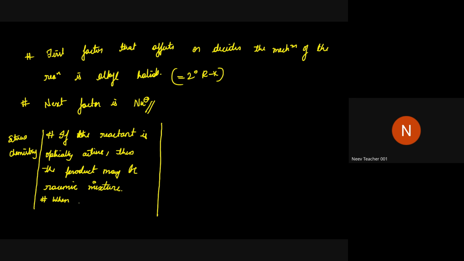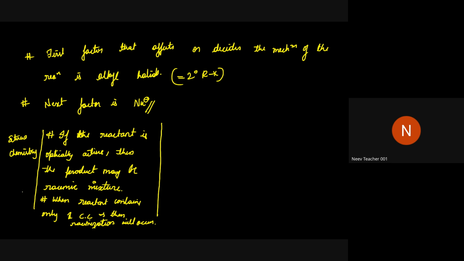When the reactant contains only one chiral carbon, then racemization is definitely going to occur. So when the reactant contains only one chiral center and that is participating in the reaction, then only racemization will occur. Okay, so these points you have to remember.